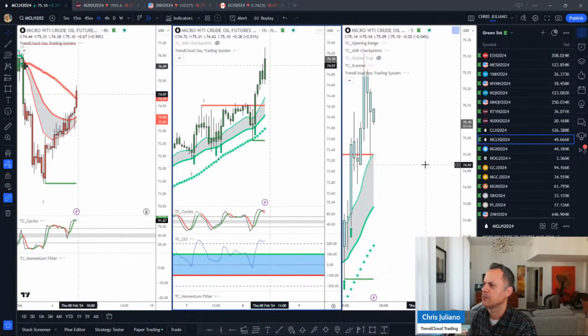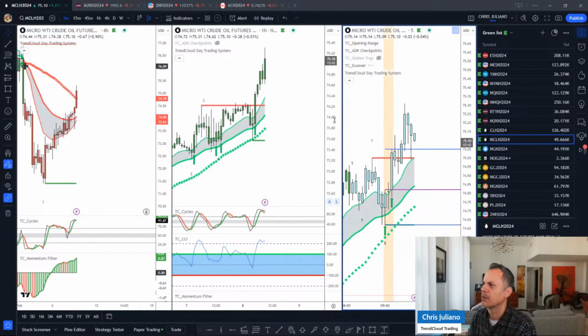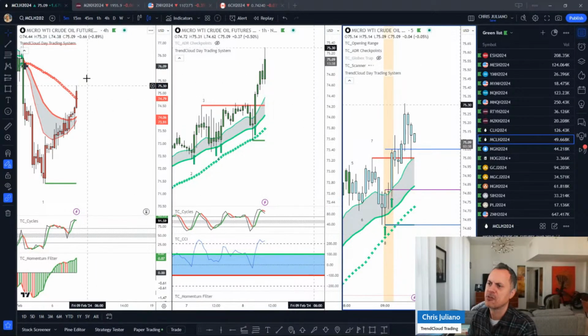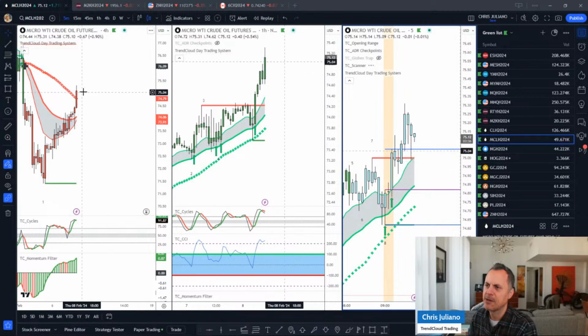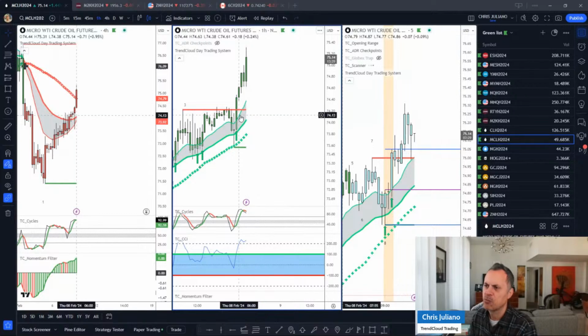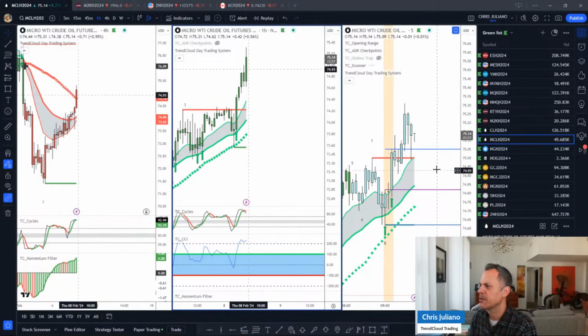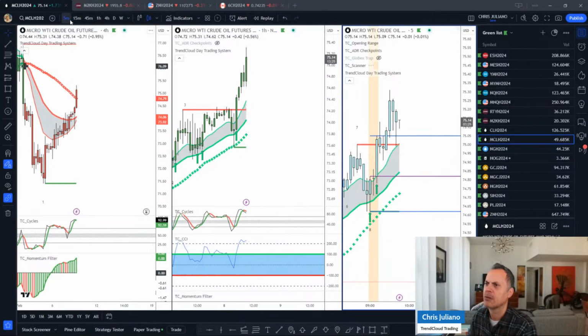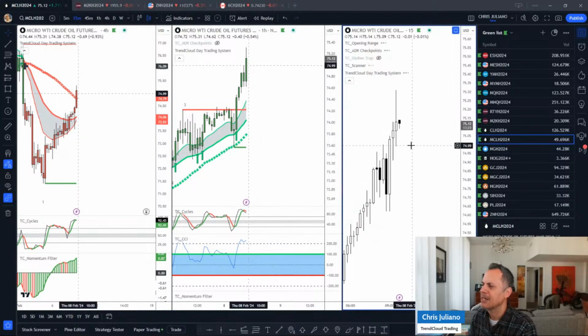Back to crude oil. Okay. So crude oil is breaking to the upside here. We ripped through that supply zone. Momentum is with us. The trend on the lower time frames is with us. How do we get in on this?